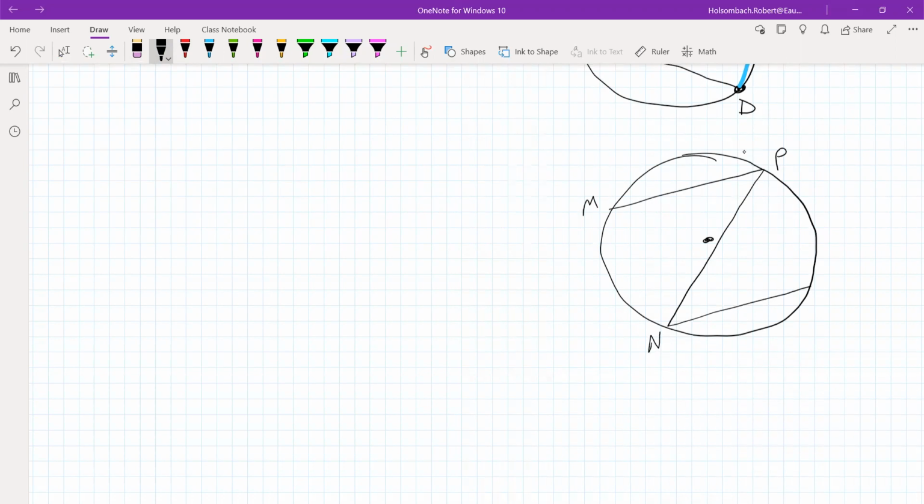Got point N, point O. We've got a 70-degree arc, and we got a 56-degree angle. And we're going to find each measure.